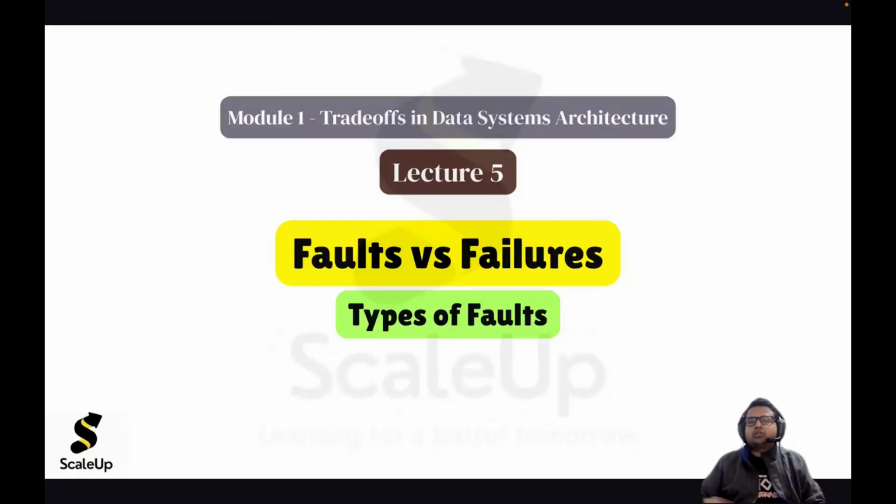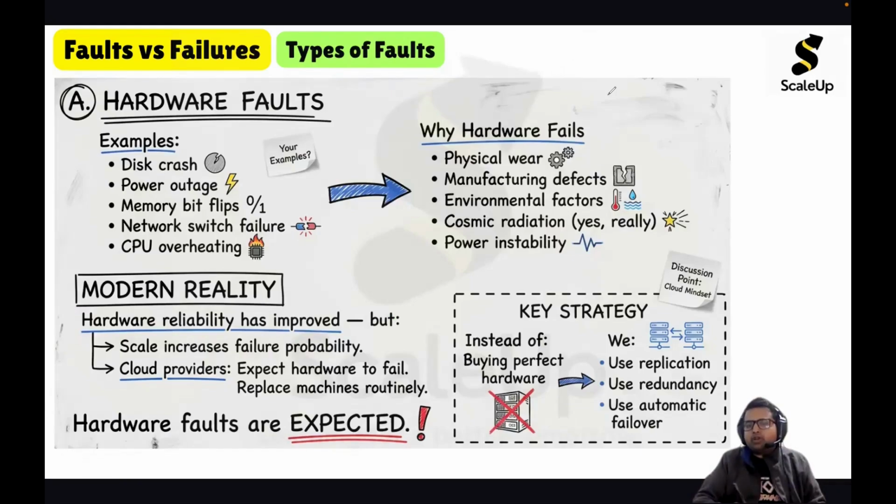Types of faults. A fault is an abnormal condition or defect in a single component of a system. We can have something called hardware faults. As the name suggests, some issue is there in a hardware component.